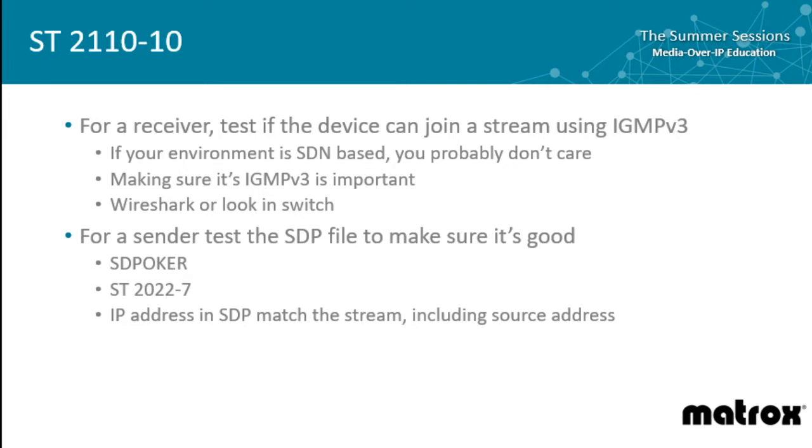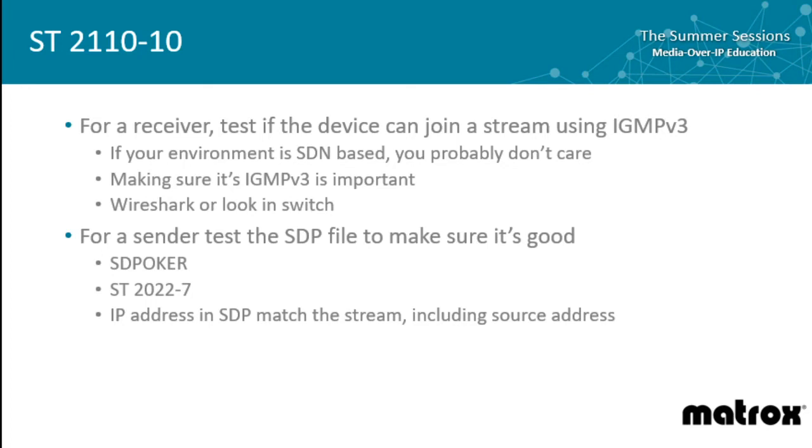For the sender, the tests are surrounding the SDP file. In the SMPTE specification, it says that if you're a sender, you need to generate an SDP file that describes your signal. And there's a free tool that got developed to check that the SDP file is a valid one, that the syntax is correct.